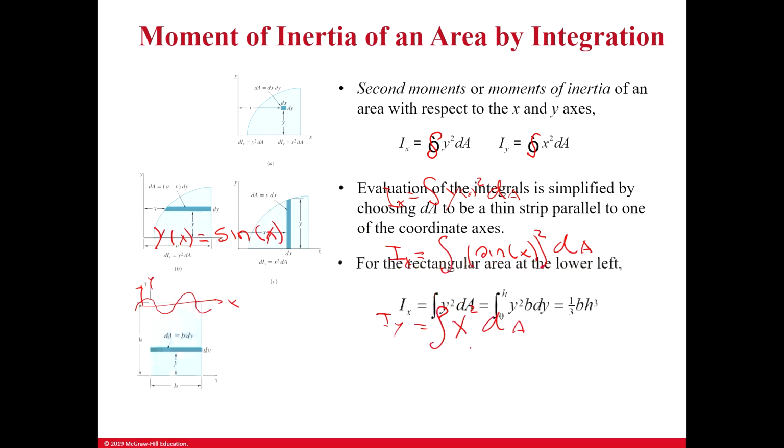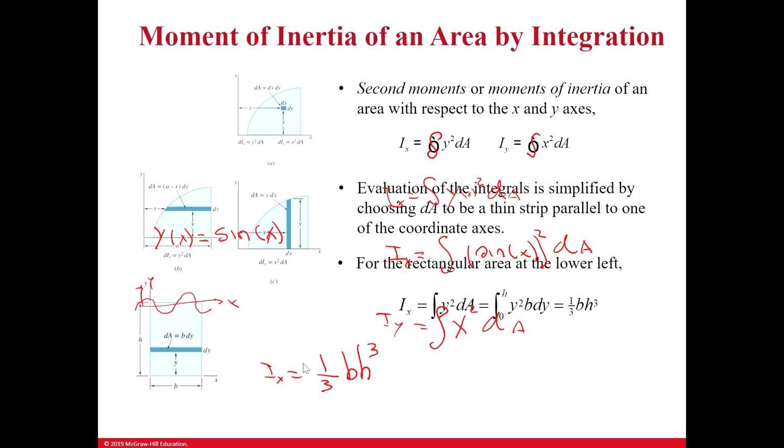All right, so on a rectangular area, the inertia with respect to x is equal to 1/3 bh cubed. There's going to be a table with all the inertias for the given areas that we usually get to apply.